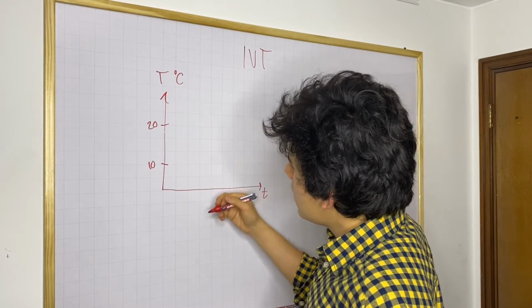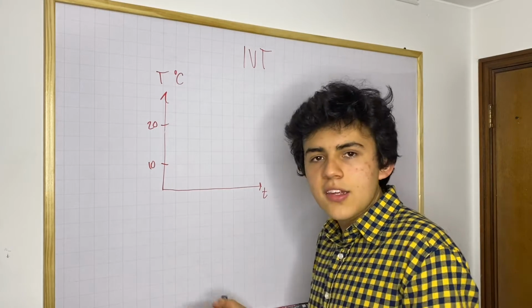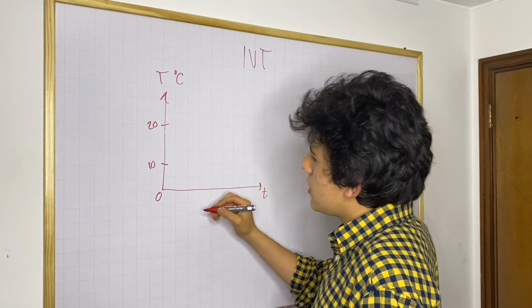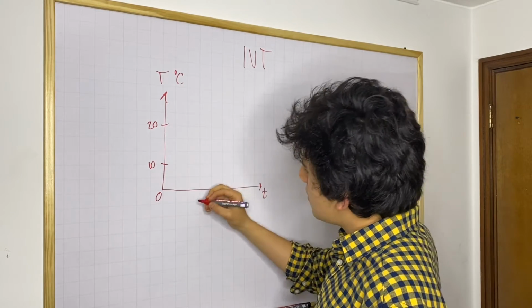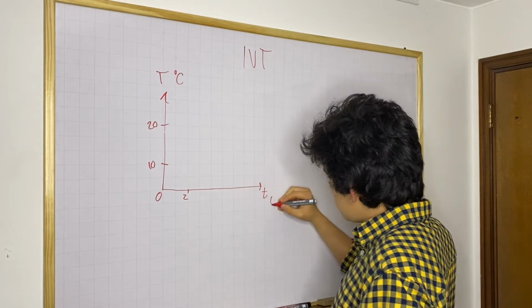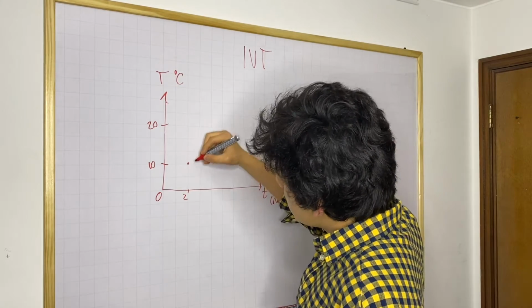So let's suppose, for example, that you start heating this object at t equals 0, okay, at your origin. And now it's going to reach 10 degrees Celsius at let's say 2 minutes. Okay, this is going to be minutes, and this is 2, so you get this.